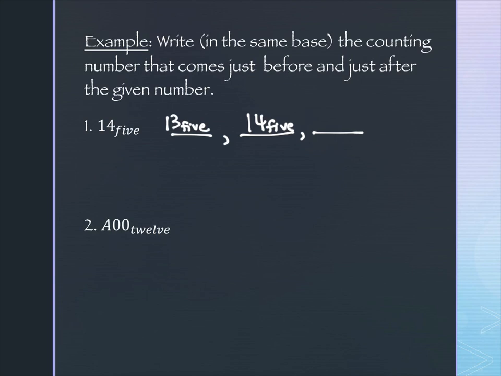You can't do 15, right? If we were in base 10, after 14 would be 15. But there's no 5 in base 5, so it's not 15. I've run out of the single digit numbers in the ones place. So I can't do the 4. I have to increase it to make it a 20. So after 14 is 20 base 5.